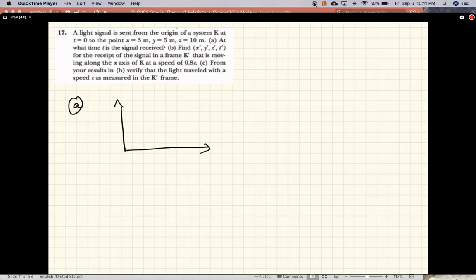So here is frame K, x, y, z, and you're sending a light signal from the origin to the point x equal to 3, y equal to 5, z equal to 10. So to there. Okay, that's 3, 5, 10.